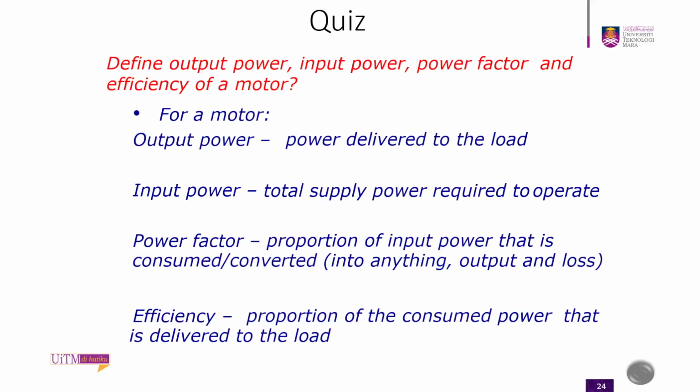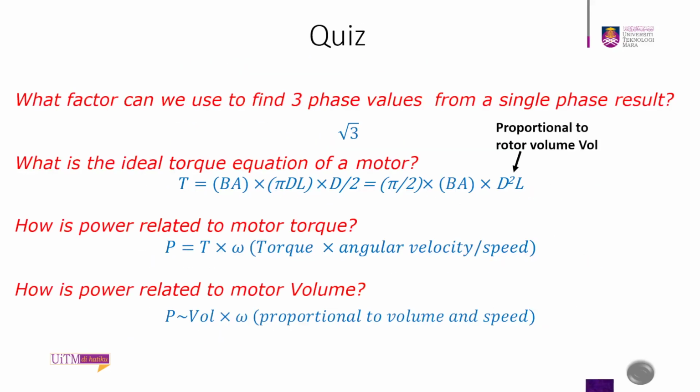We have this cos theta only due to the voltage and current being sinusoidal. That is why we have power factor equals cos theta. But in power electronics, that's not the case. But the true definition, the actual definition of power factor is always average power divided by the apparent power, P divided by S. Okay, and I did mention what is efficiency. It's output power divided by input power.